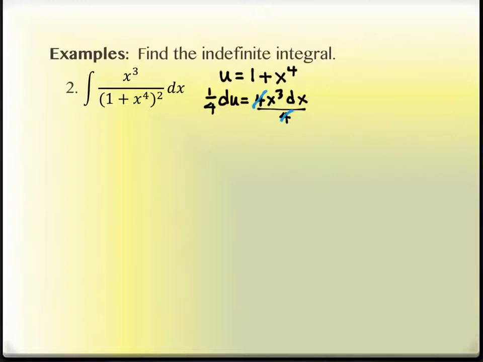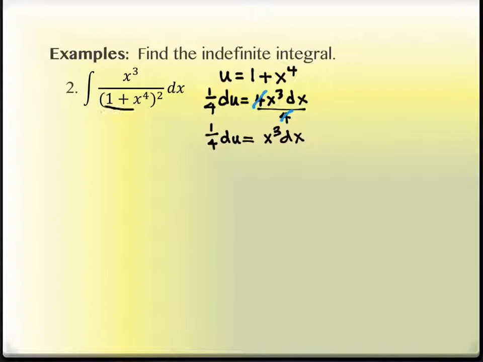So what happens is that my x cubed dx, which is in my problem, is going to be replaced with a 1/4 and a du. Okay? So it gets replaced by more than just du.